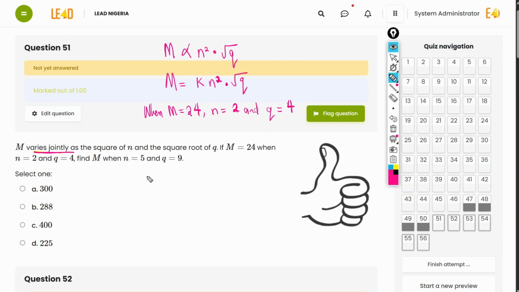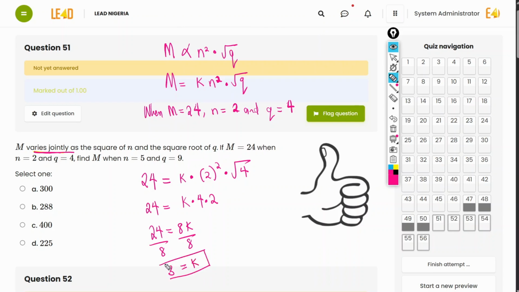So we substitute 24, 2, and 4 in. We'd have 24, that's for m, is equal to k times 2 squared, times root 4. So 24 is equal to k times 4 times 2. 24 is equal to 8k, so if I divide both sides by 8, k becomes 3.